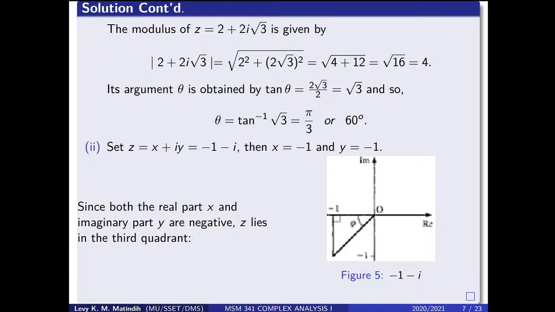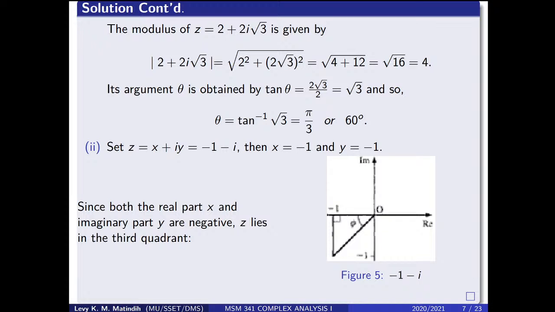If you revisit the special angles that you learned in first year, you discover that this gives us 60 degrees, and in radians this is pi over 3. Then you are done. You have found the modulus of the given complex number, which is equal to 4, and the argument, which is pi over 3 radians, or 60 degrees.